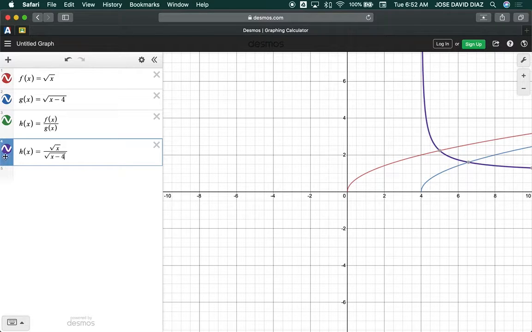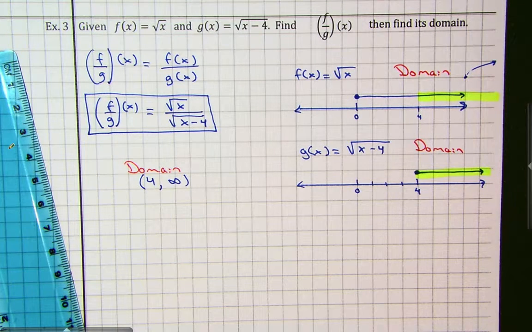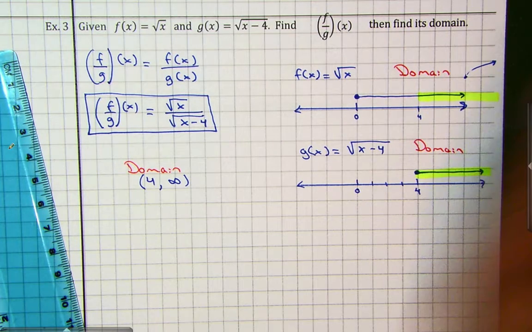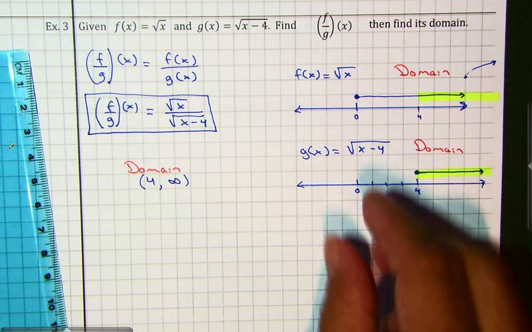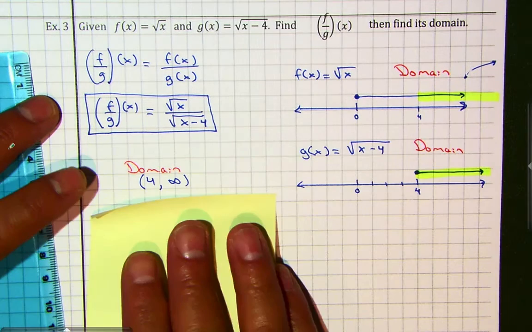Correct? Notice that this gives us the same graph. Now, if I do decide to simplify it, I'll just simplify it on a separate piece of paper.